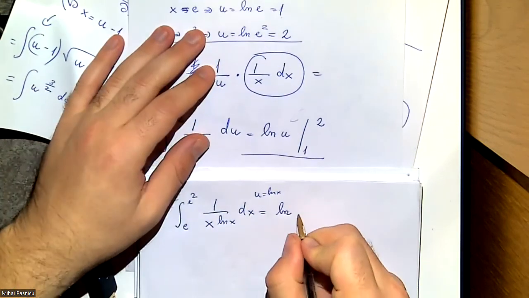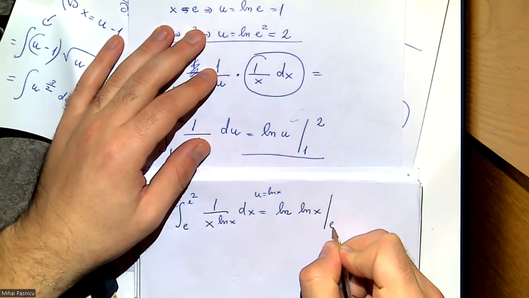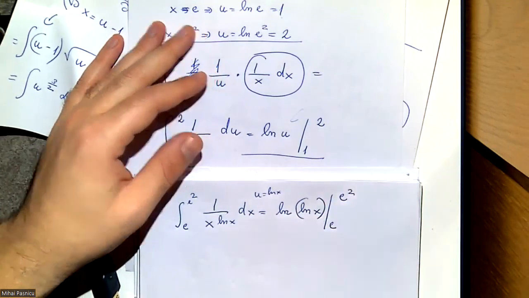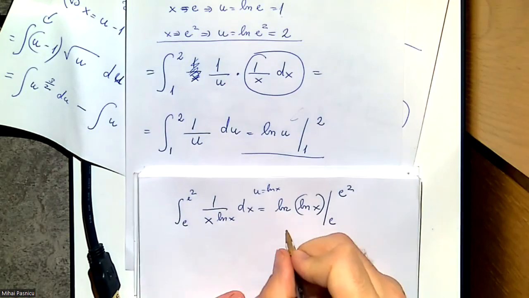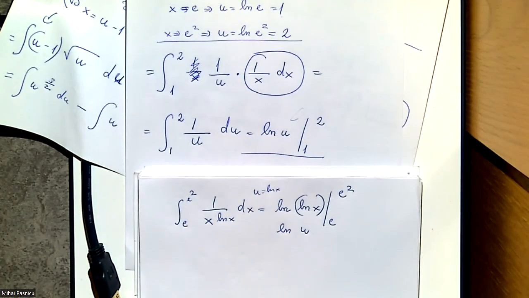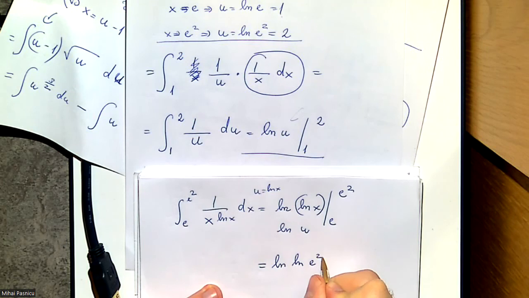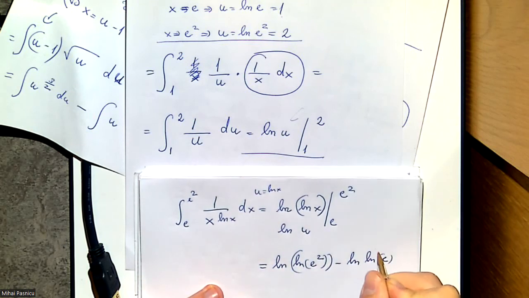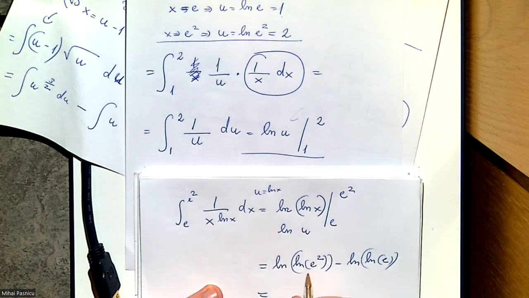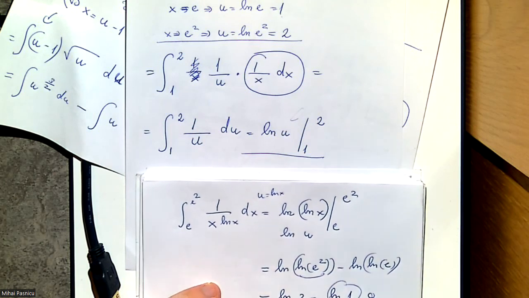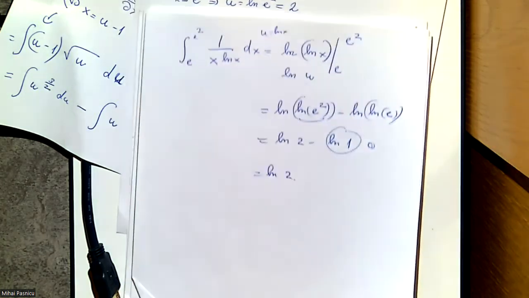So I get log of x from e to e squared. Okay, this is just log of u. And now if I plug these in, I'm going to get ln of e squared minus ln of e. So it just gets log of 2 minus log of 1. This is 0, so I just get log of 2. You get the same result.